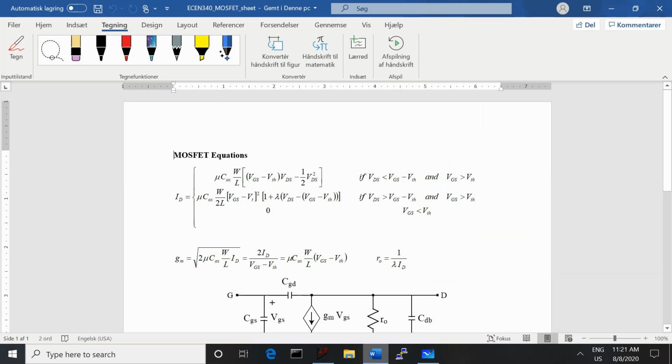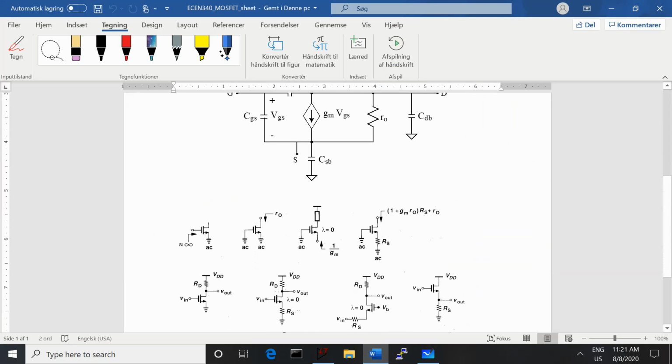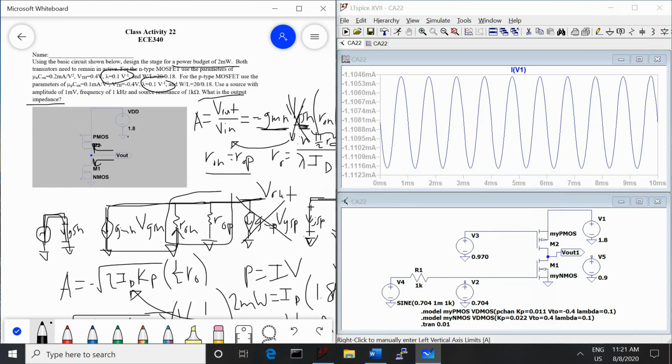From our MOSFET equation sheet, looking into the drain, we see r0. So we see r0P looking up and r0N looking down, and those are in parallel.